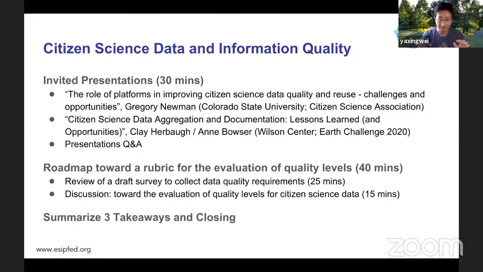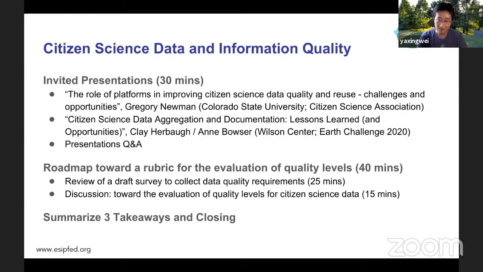And I encourage you to type your question into the Zoom meeting chat window or directly into the presentation question section in our Google Doc, which I will show you briefly a little bit later. And then after the presentations, we will have a discussion surrounding the topic of a roadmap toward a rubric for the evaluation of quality levels associated with citizen science data.